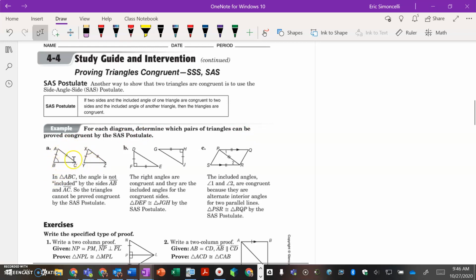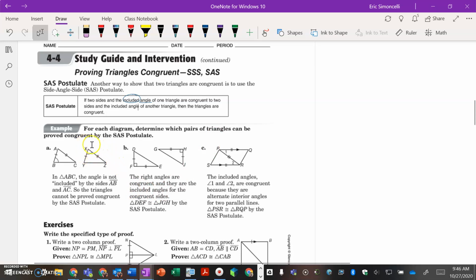We've got angle B congruent to angle X. We've got AB congruent to XY, and we've got AC congruent to XZ. Now the word included is a particularly important word in the context of what we're doing here. The included angle speaks to an angle that is literally between 2 sides.